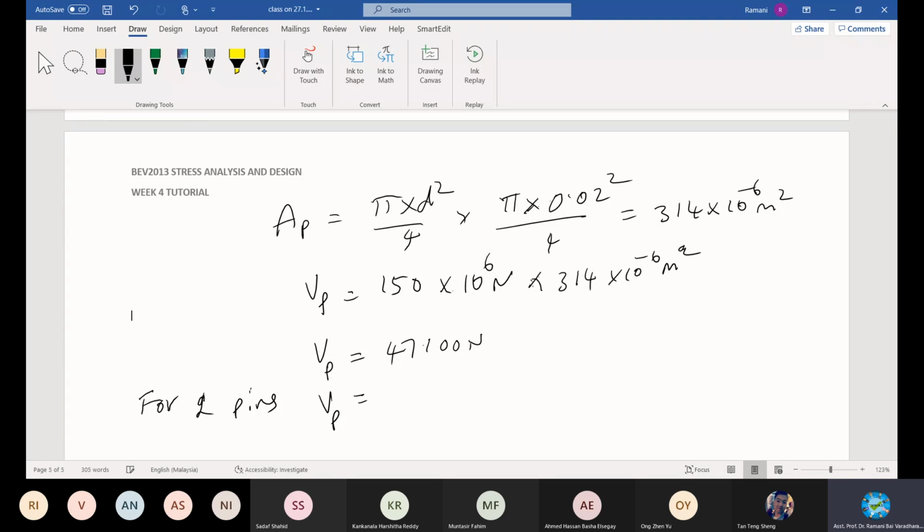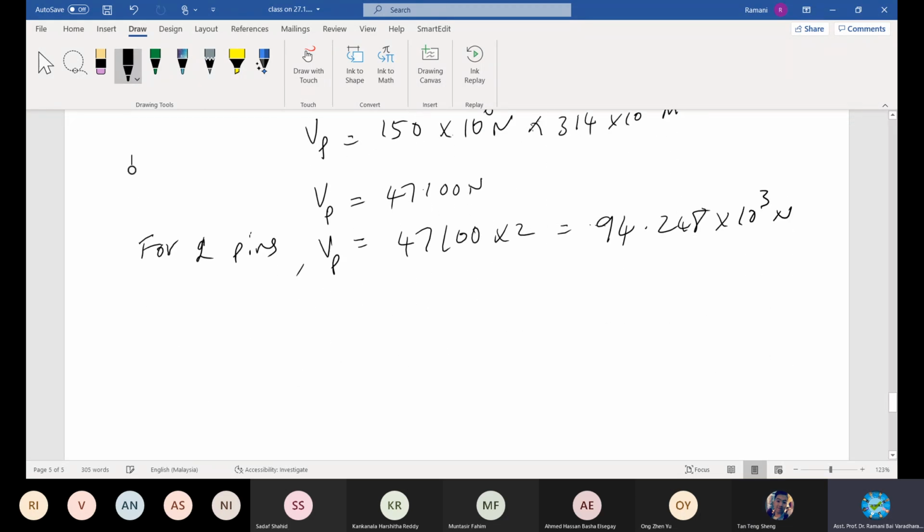Total shear force is 47100 into 2, which is 94.2 kilonewtons. Or I put it all in newtons, correct? Right, I got this. Out of the material property, this can produce this much load. Hence, I can find my factor of safety.